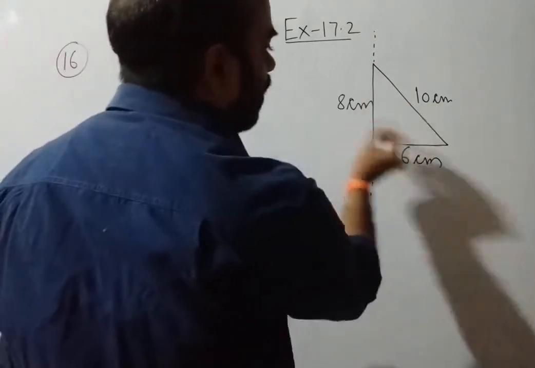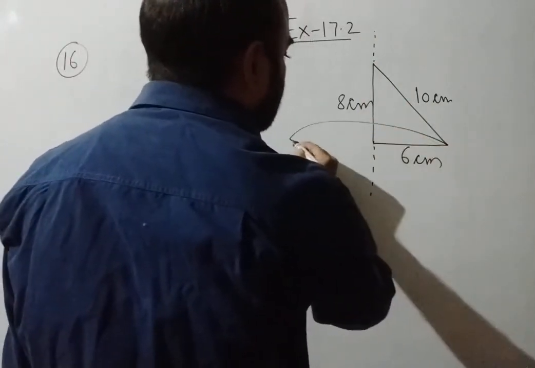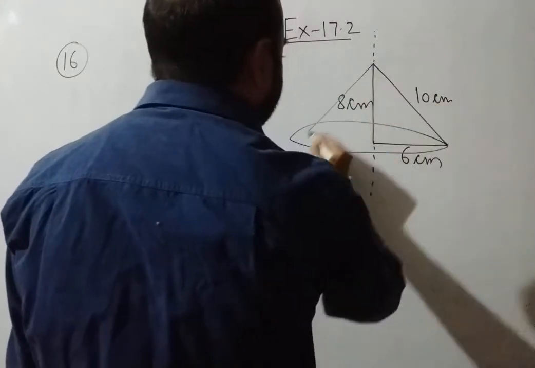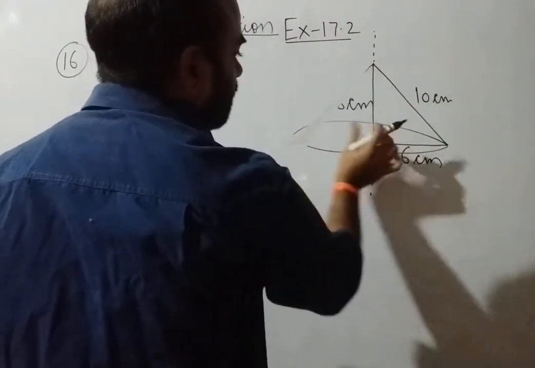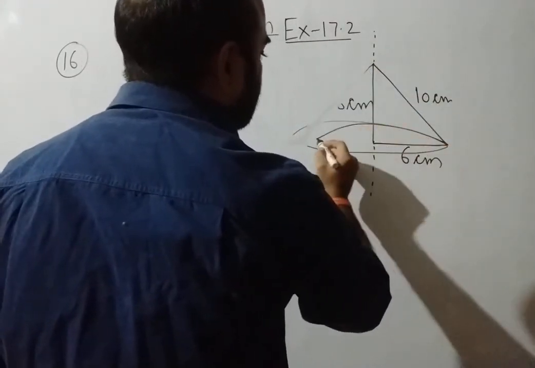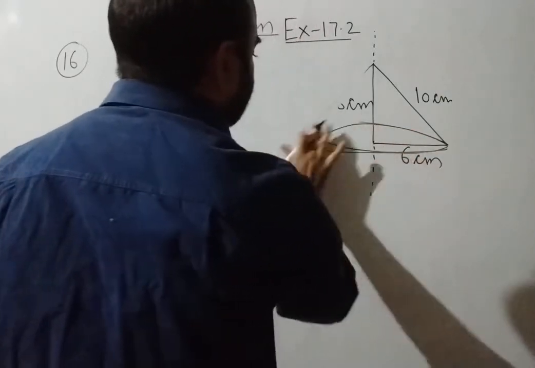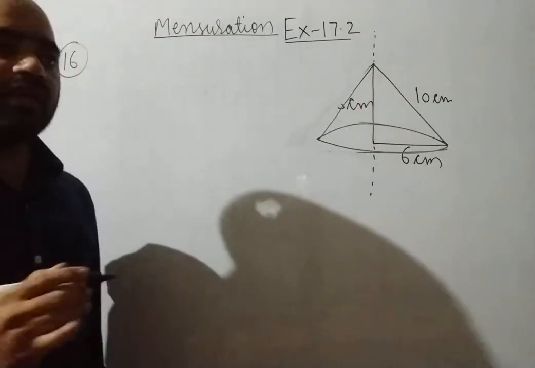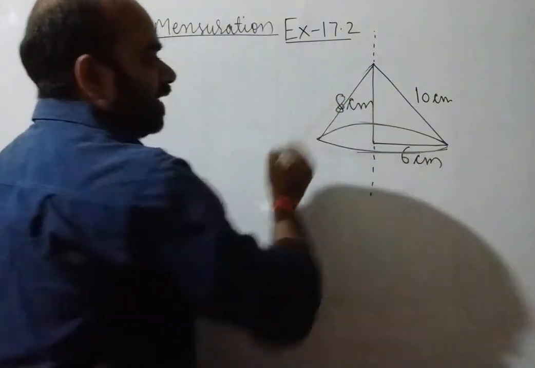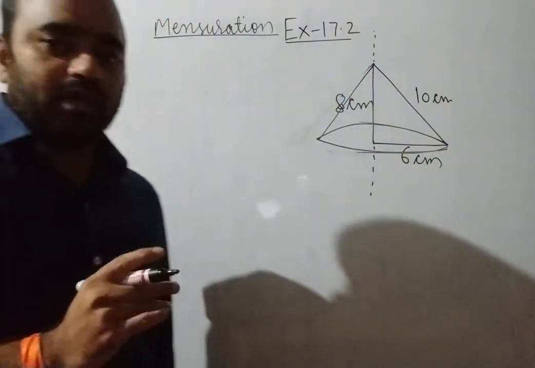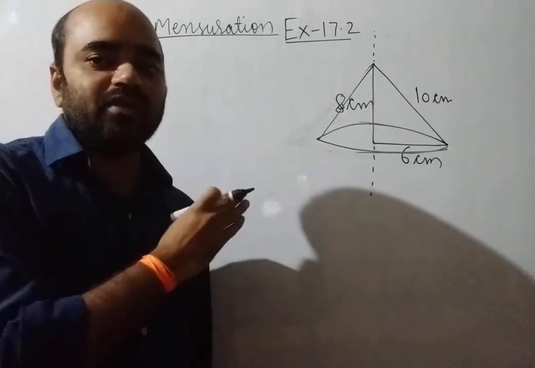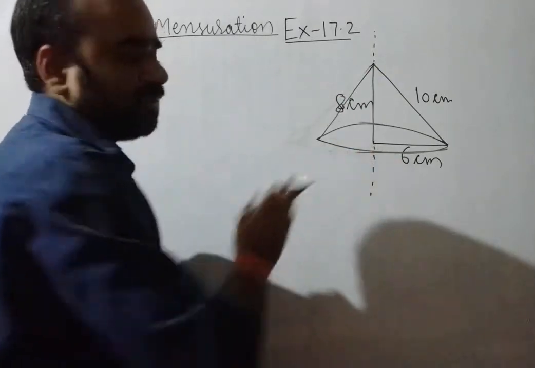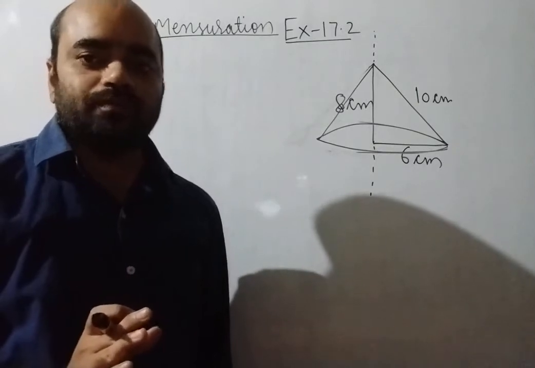Now when you revolve this, we will get a cone, see or not? Correct? It means whenever we revolve any right triangle along its perpendicular side or the base, we will get a cone.